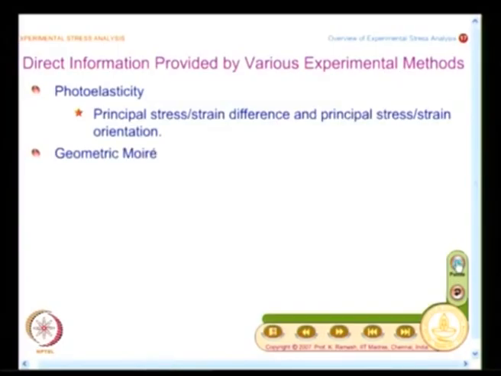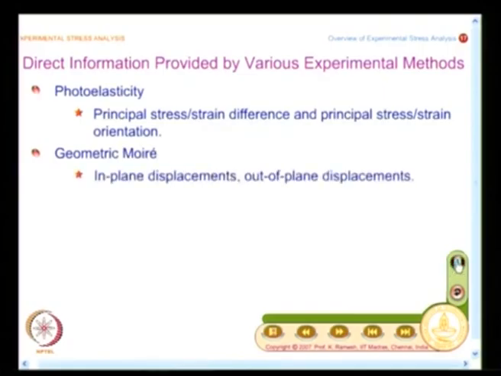And if you go to geometric moire, geometric moire provides directly only in plane displacements or out of plane displacements. If you want to get in plane displacement, you should go for a particular optical arrangement.